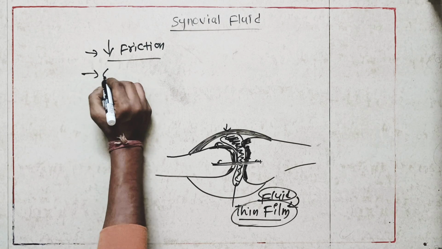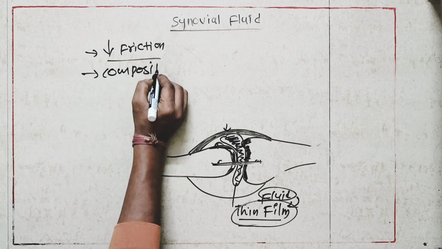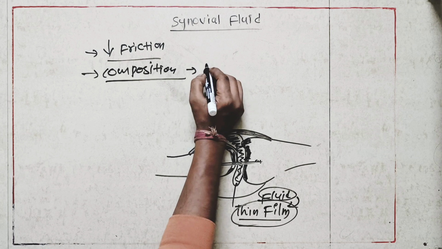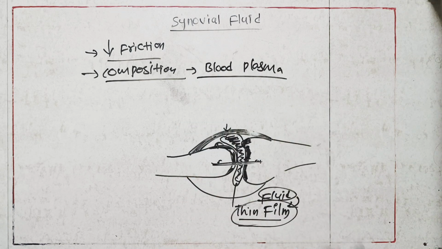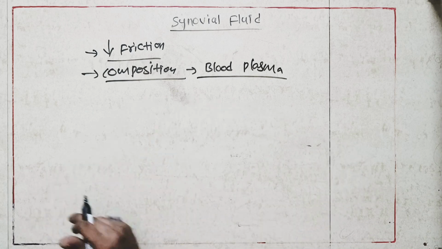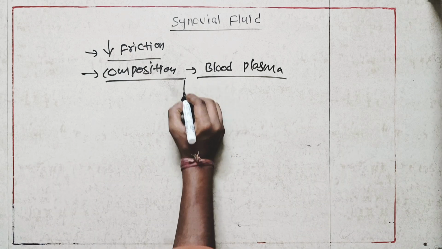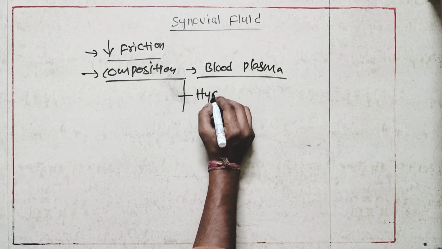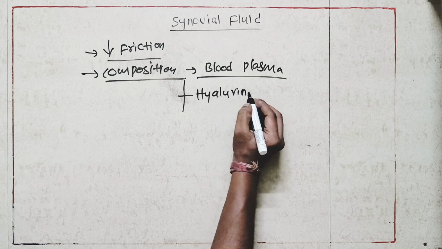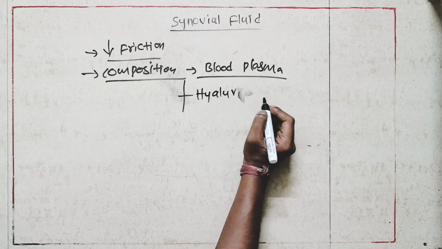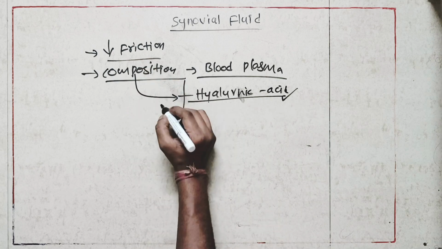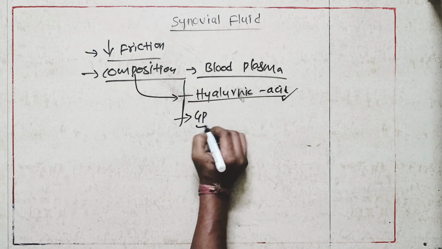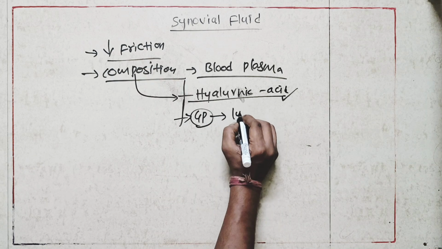The composition of synovial fluid is almost equal to the blood plasma. Only a few exceptions are there. Synovial fluid consists of hyaluronic acid, and one more glycoprotein, that is lubricin.